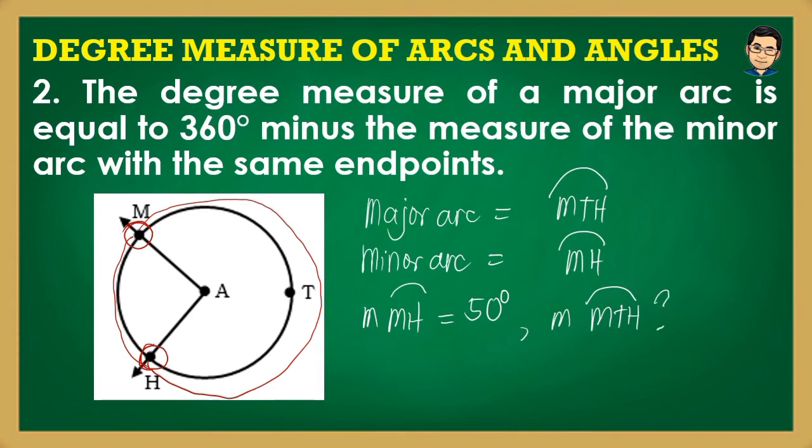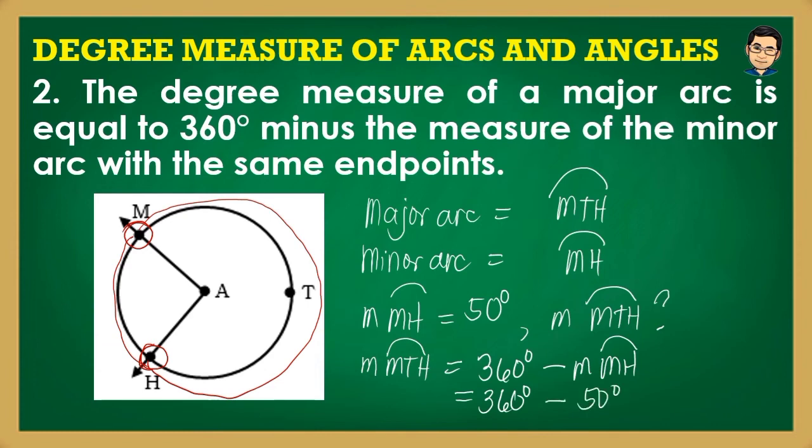To do that, let's write the mathematical statement. The measure of arc MTH is equal to 360 degrees minus the measure of arc MH. What is the measure of arc MH? It is 50 degrees. So we just do 360 degrees minus 50 degrees.